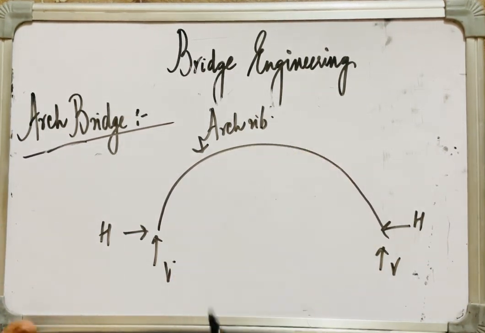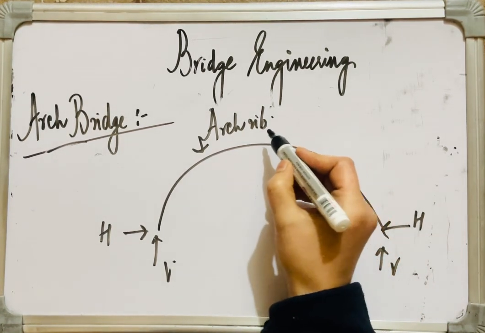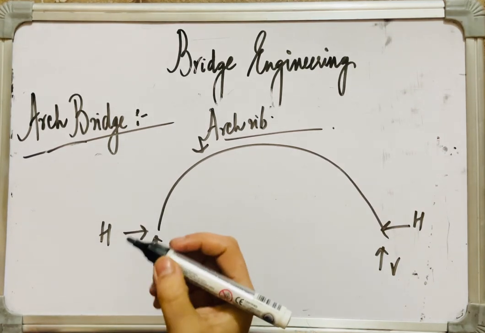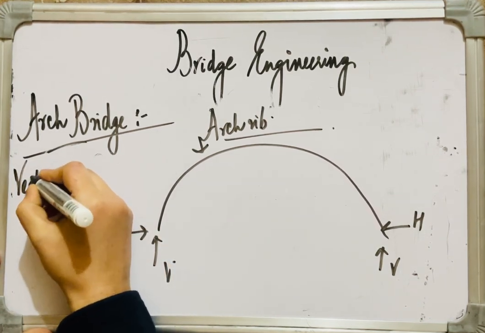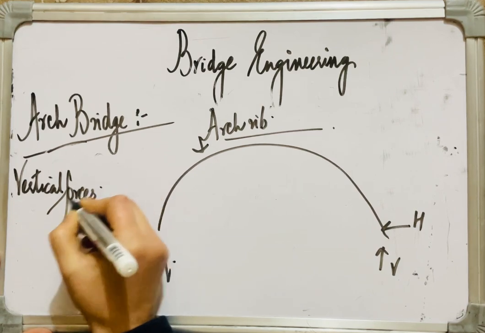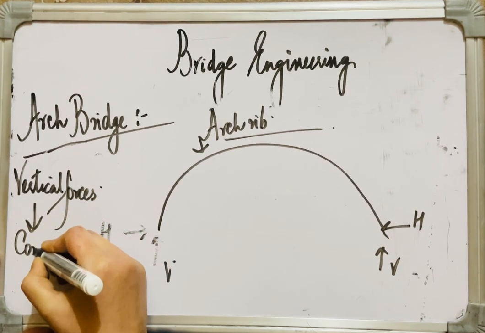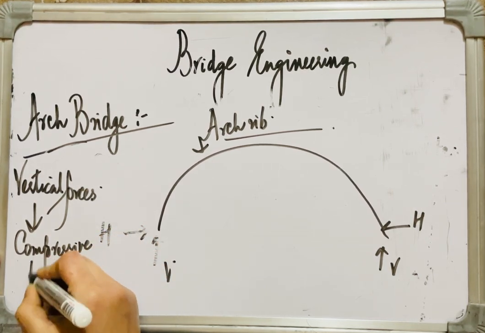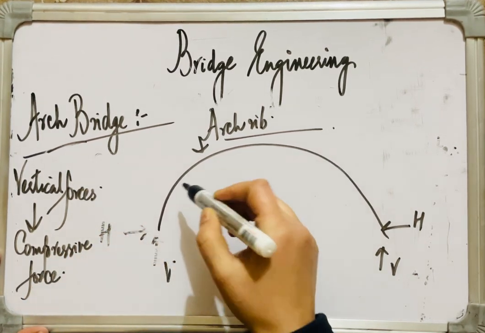All right, this is the arch rib, and the arch rib is characterized by its curved shape, which allows efficient load distribution, as already discussed. And this arch shape converts the vertical forces from the load of the deck into compressive forces along the arch rib.